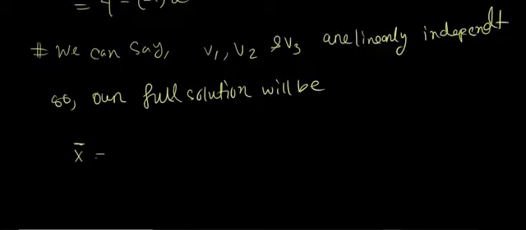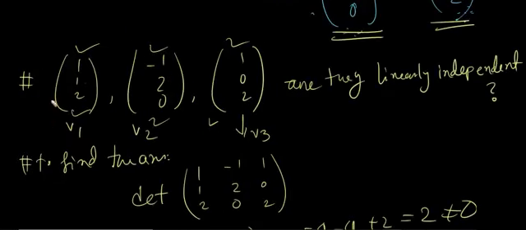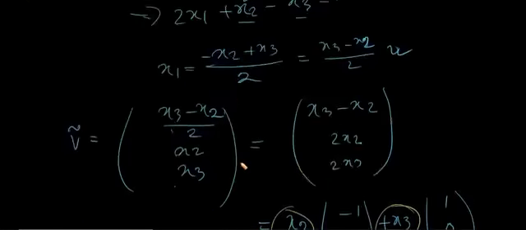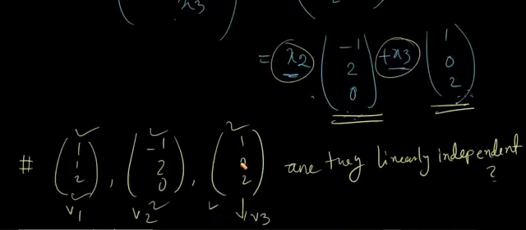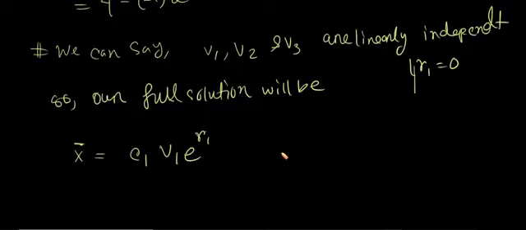Let me give a bar, and this will be c1 v1 e to the power r1 t, where r1 will be the associated eigenvalue, that means r equals 0. So let me just write it over here so that you can understand what I mean. v1 is the eigenvector that was associated with the eigenvalue r equals 0. And the other two are associated with r equals 2.